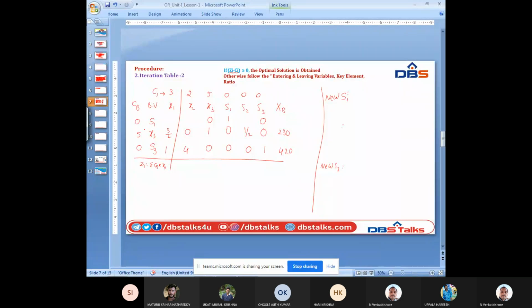So for creating the S1, what are the basic variable, or what is the key element we are having? That is minus 1 by 2, and this is 2, minus 1 by 2, and which is 200.